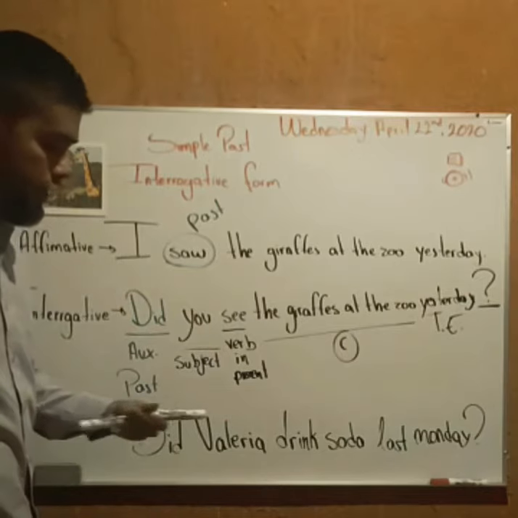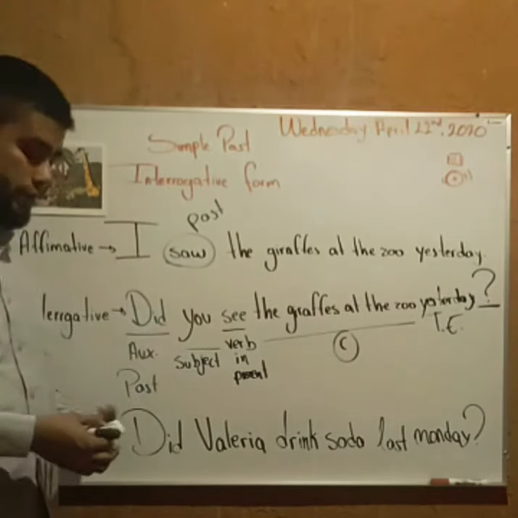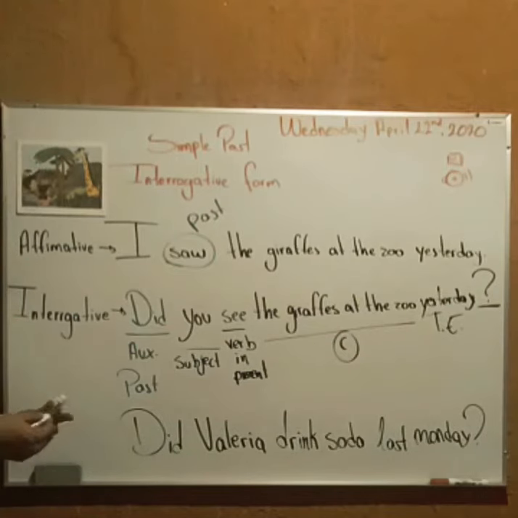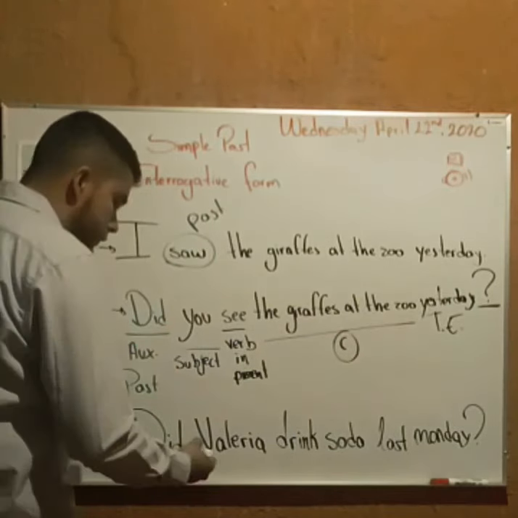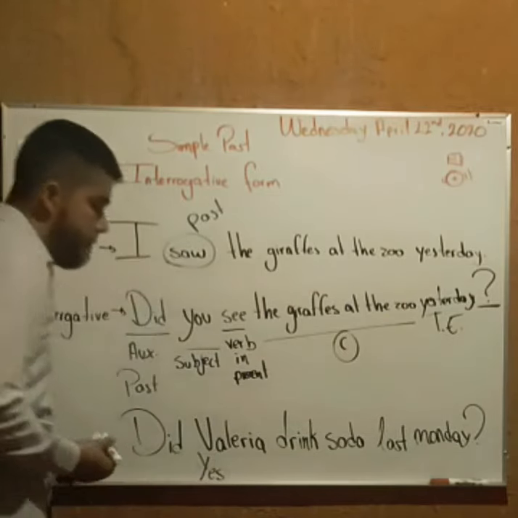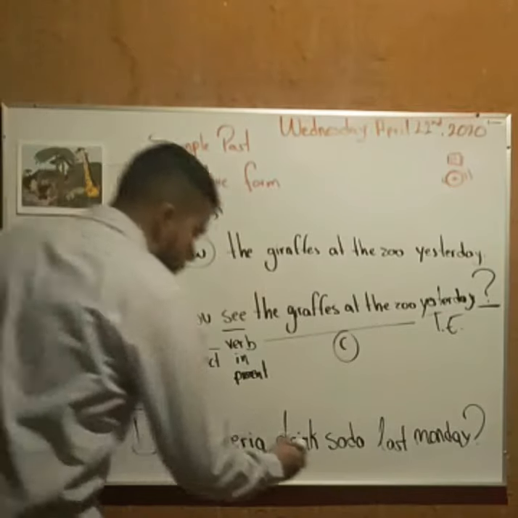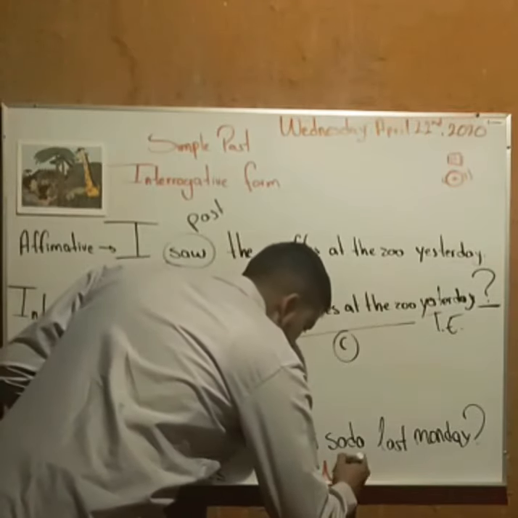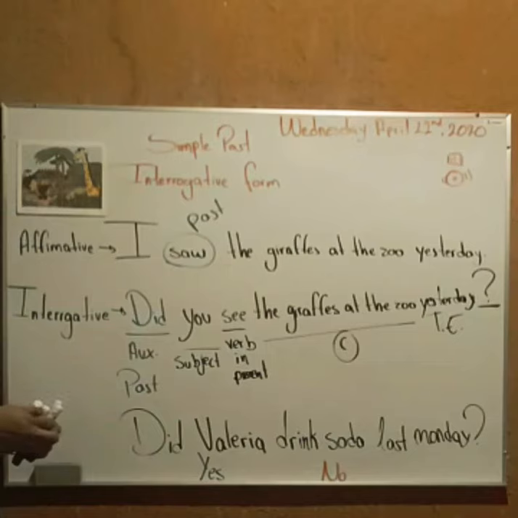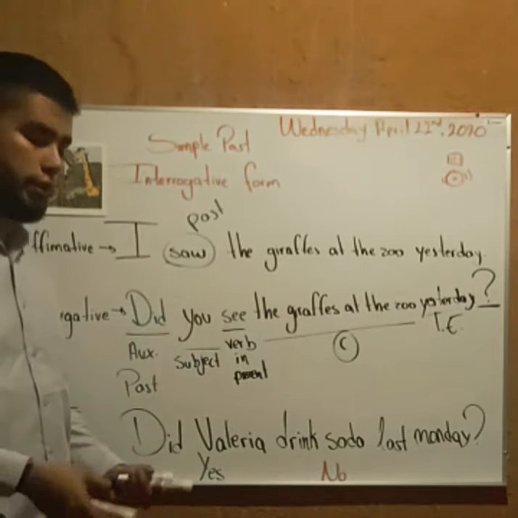And pay attention. You have only two options for the answer. In the case of the answers, you have only two options. Yes or no. But in English, we used to complement the answers.